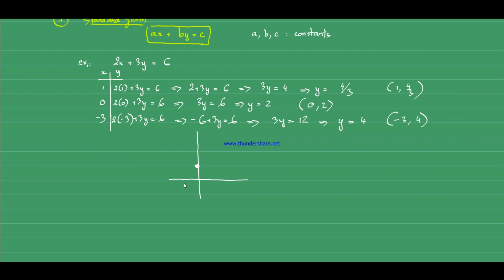I have (negative 3, 4): negative 1, negative 2, negative 3, then 1, 2, 3, 4. So you have a point right over here. Now we can go ahead and connect them to get a line.